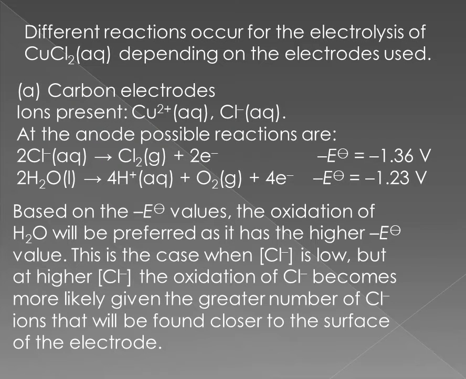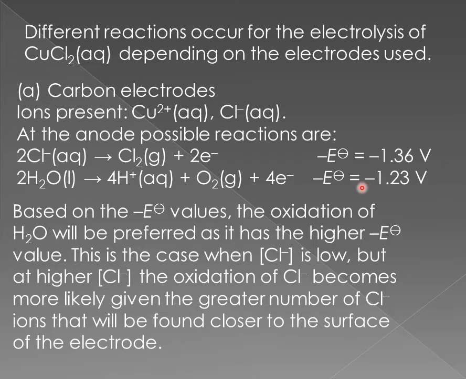Different reactions occur for the electrolysis of copper 2 chloride depending on the electrodes used. For carbon electrodes, the ions present are copper ions and chloride ions. At the anode, possible reactions: oxidation of chloride can happen and oxidation of water can happen.